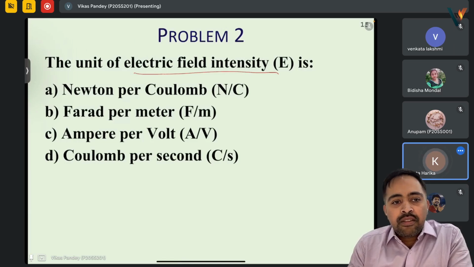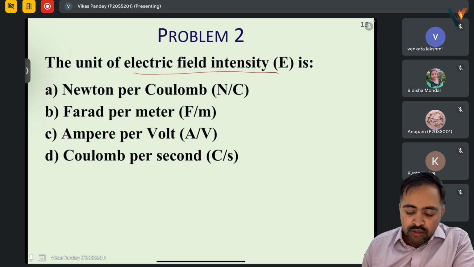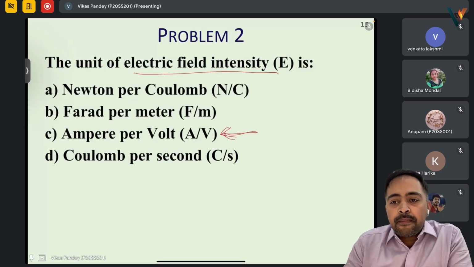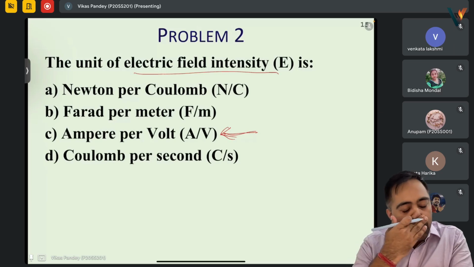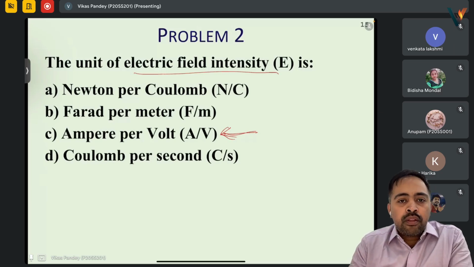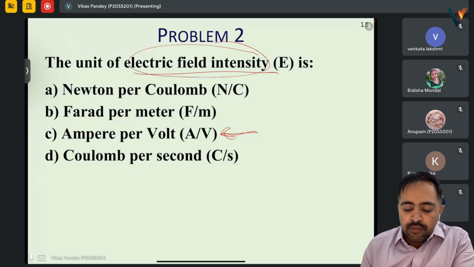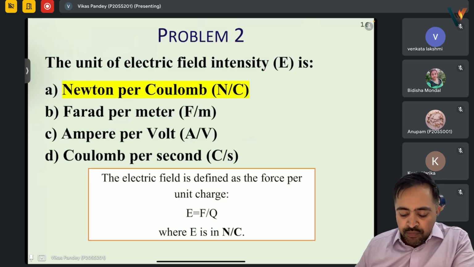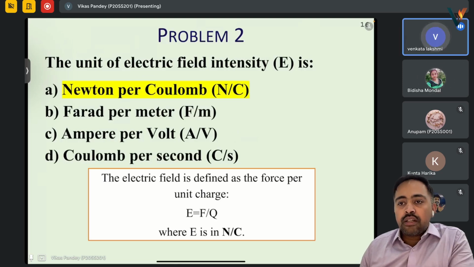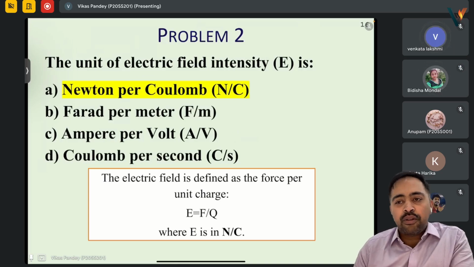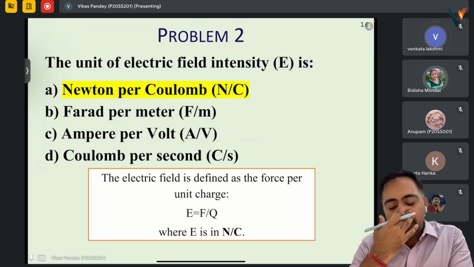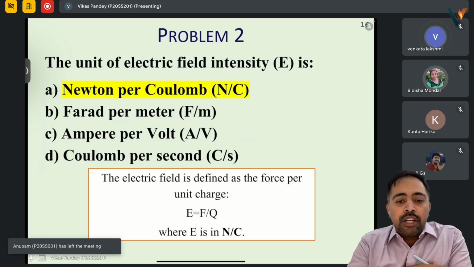Ampere per volt. Okay, any other answers? Electric field intensity. Okay, not an issue, even if you are wrong. We will be discussing this anyway, right?